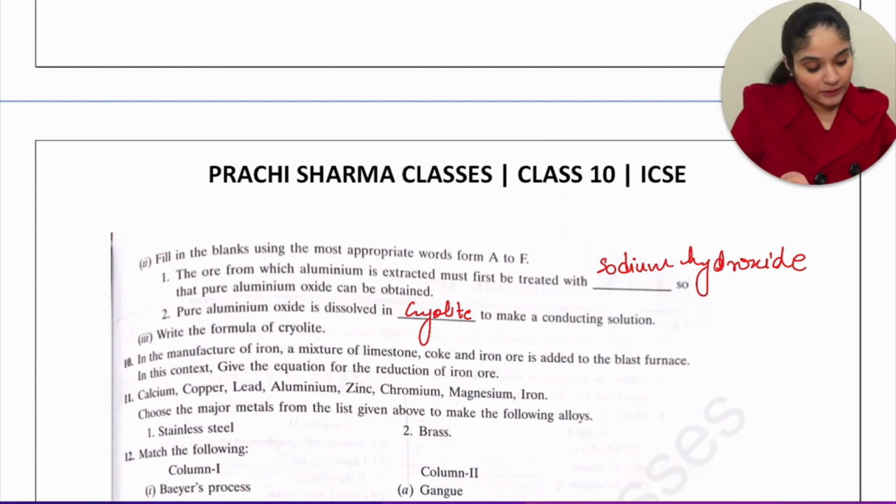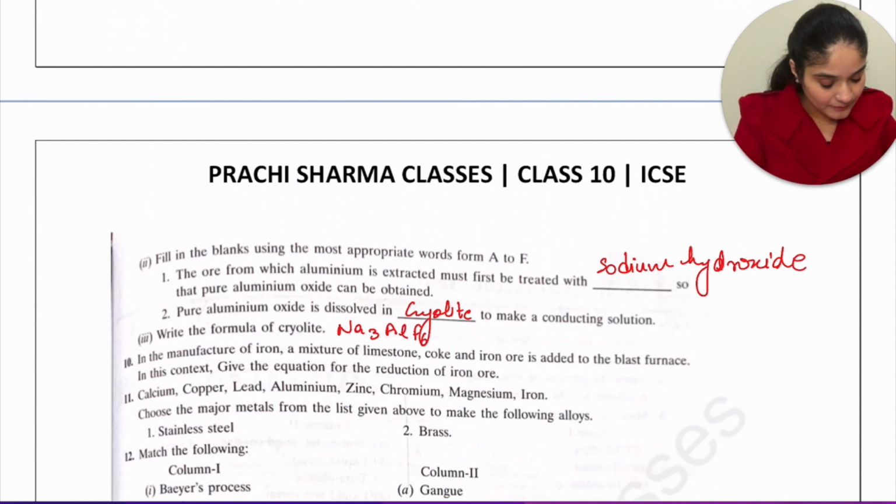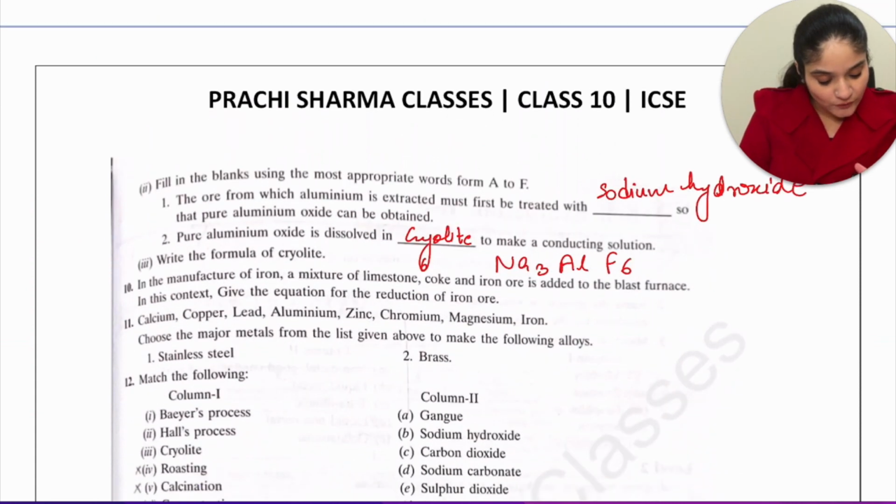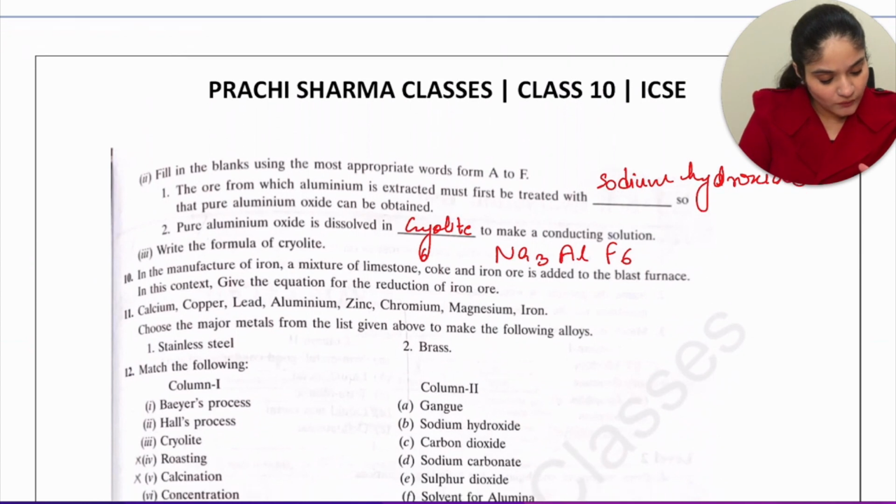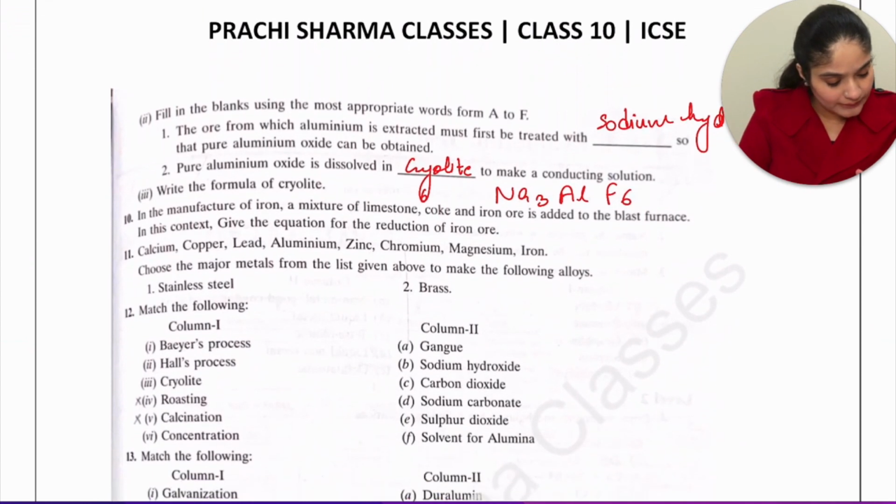Then write the formula of cryolite, that is Na3Al(F6). Let me write it clearly for you guys. Na3Al(F6).